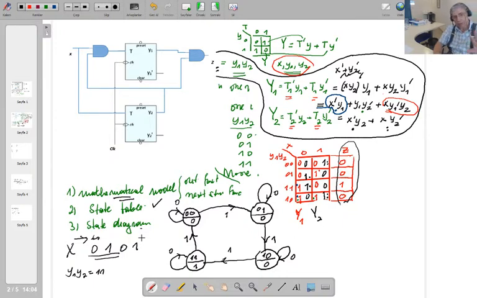Now I've got to remind you of a few things. There is no limitation about the length of the bit stream. We've got 4 pulses applied here, but it could be 16 or any number. So this input sequence is independent. For any input sequence, I can find the output by using the same models.